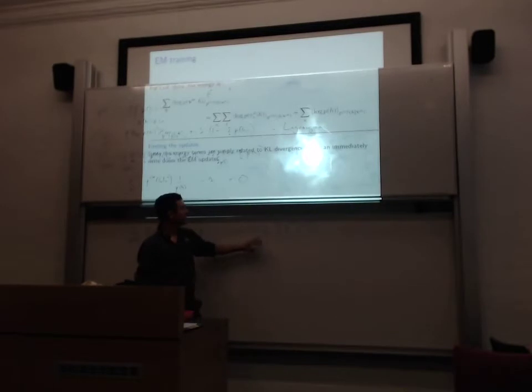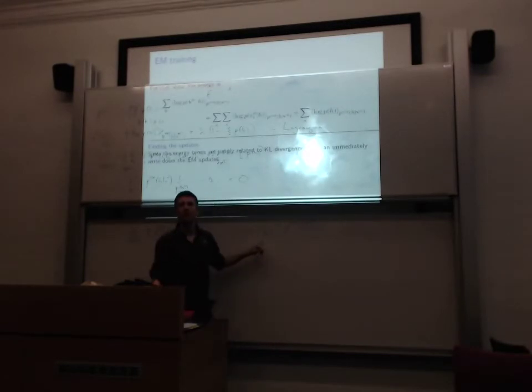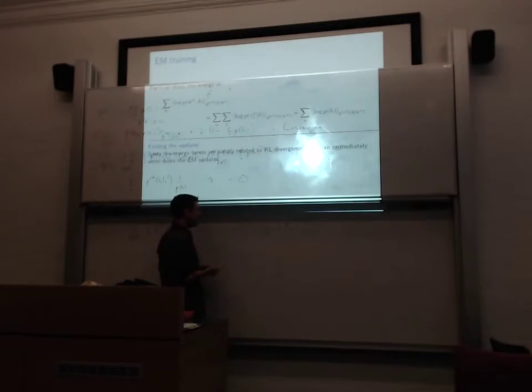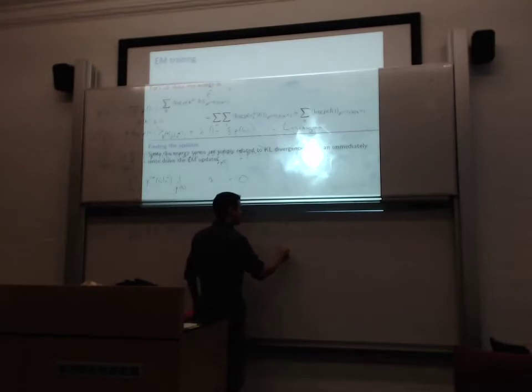Because of that, it's just a proportionality term which we can figure out by the requirement that p of h itself has to be normalized. So lambda is surely just the sum of the numerator over the state h.